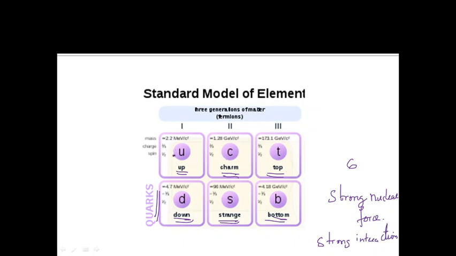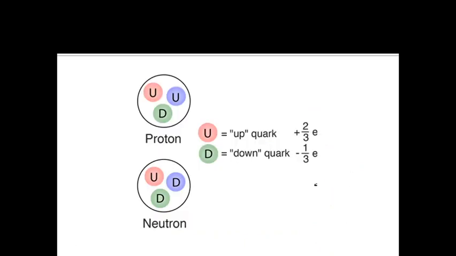So what are the other properties of these quarks? If we look into that, these top group U, C and T, their charge is plus 2 by 3. And for D, S and B, their charge is minus 1 by 3. And if you look into the structure, a proton is made up of 2 up quarks and 1 down quark.